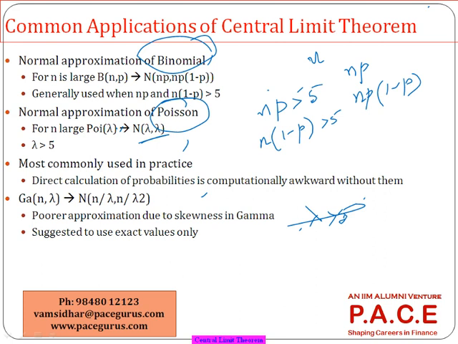So our discrete distributions, binomial and Poisson, are getting converted into a continuous distribution like normal.